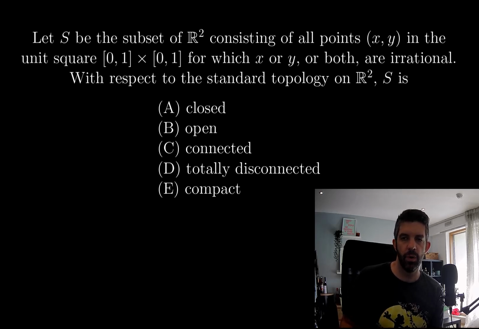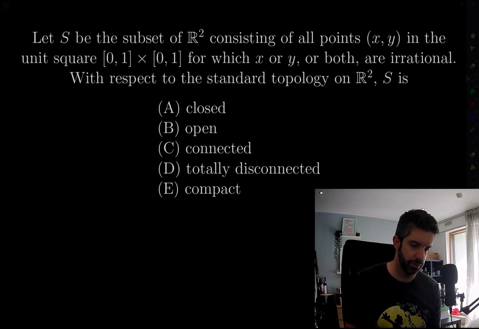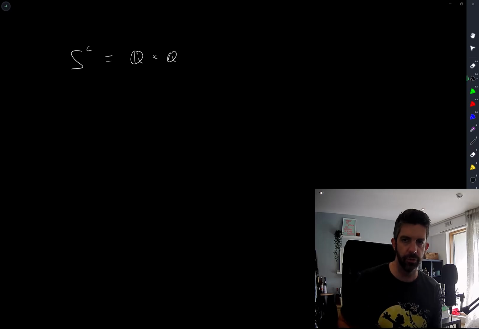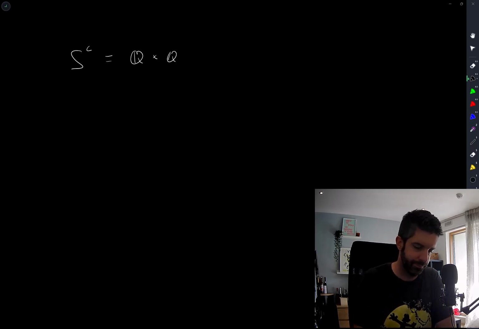So if one is irrational, it's in this set. Yeah, so the complement of S is Q cross Q, restricted to [0, 1], of course, which is not open. So A is wrong.